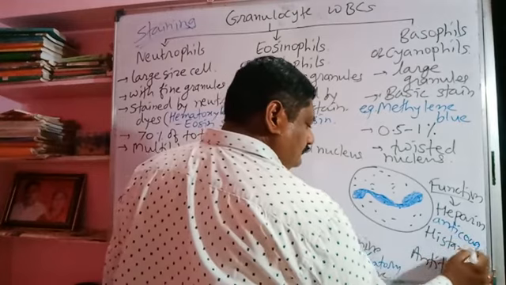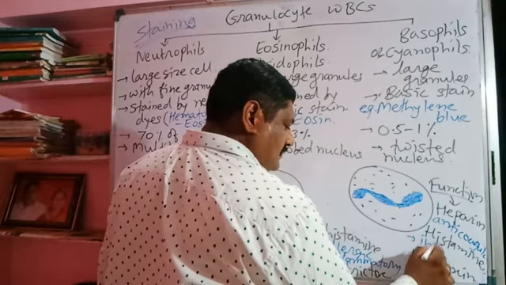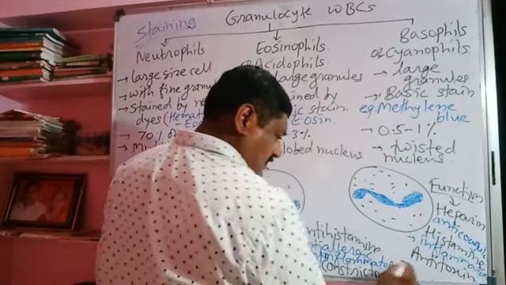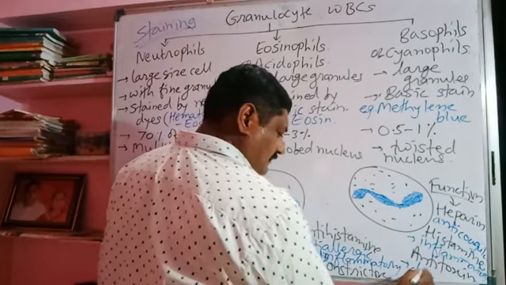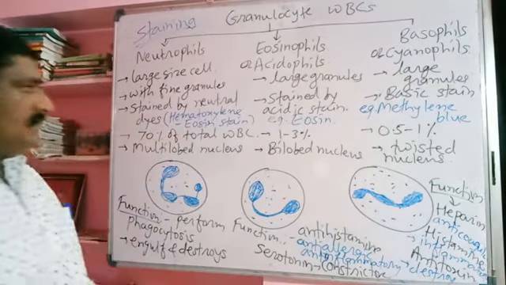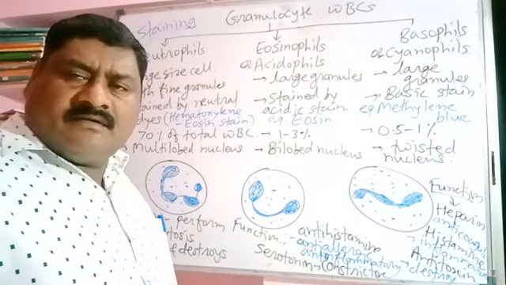Histamine triggers the inflammatory response, and antitoxin destroys the toxic substances. So these are the three types of granulocytes.